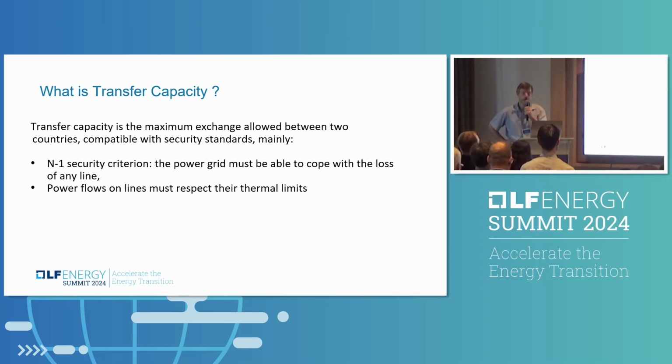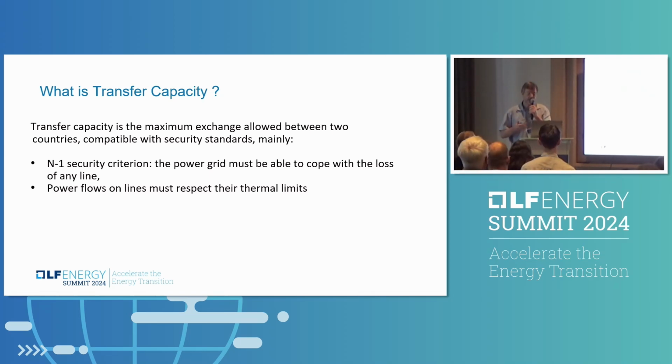So first of all, what is transfer capacity? The transfer capacity is the maximum exchanges allowed between two countries that will be compatible with security standards. So we will talk about the N-1 security criterion.